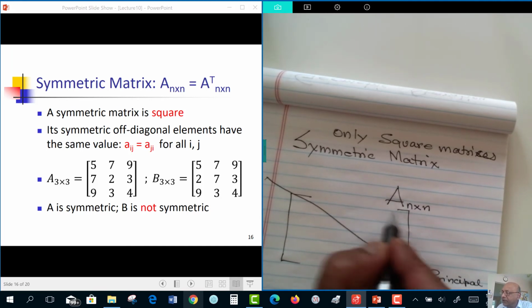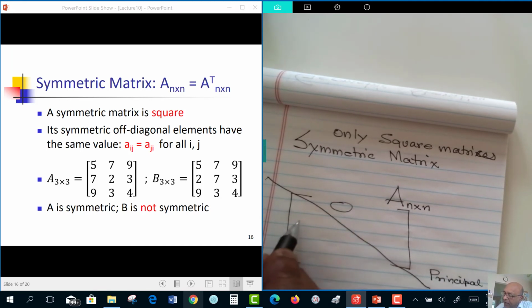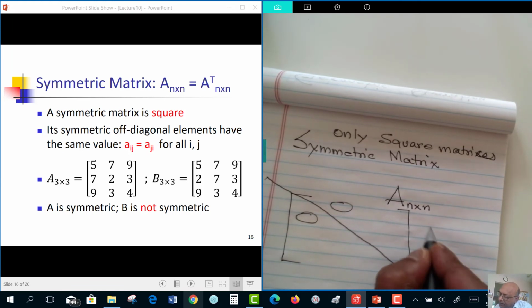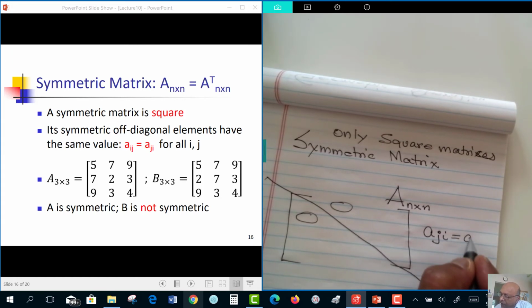We say a matrix is symmetric if elements on the opposite sides are equal. So what we mean is A_ij is equal to A_ji.